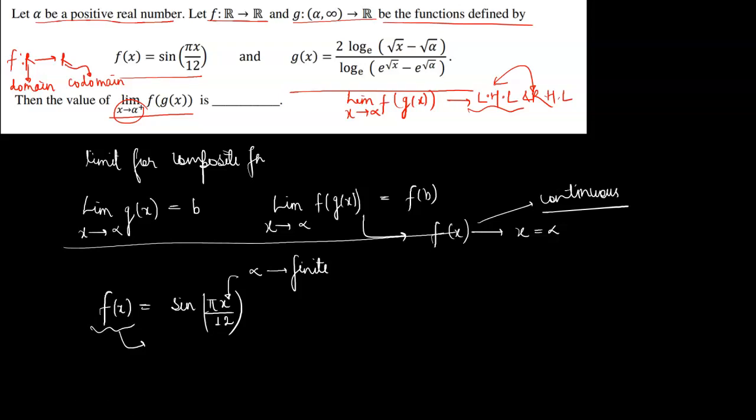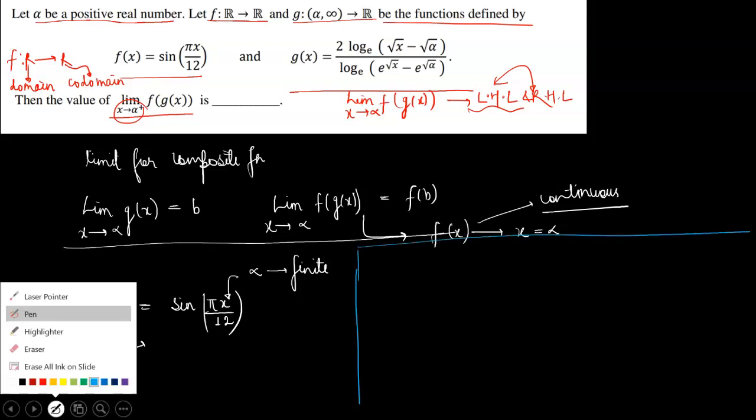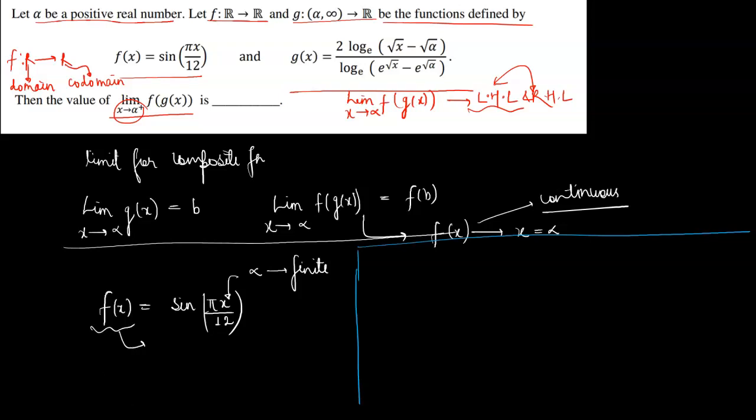One more thing I have to introduce here is that the limit as x tends to 0 of (e to the power x minus 1) upon x gives us the value 1.